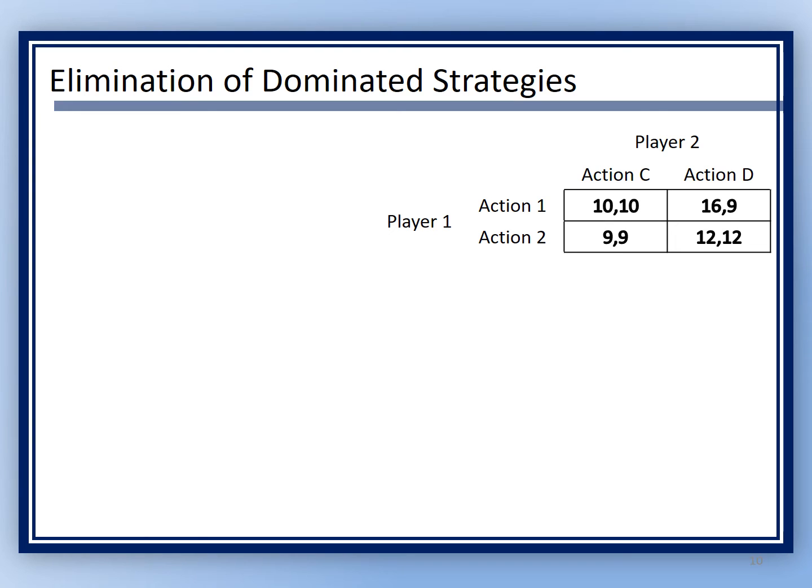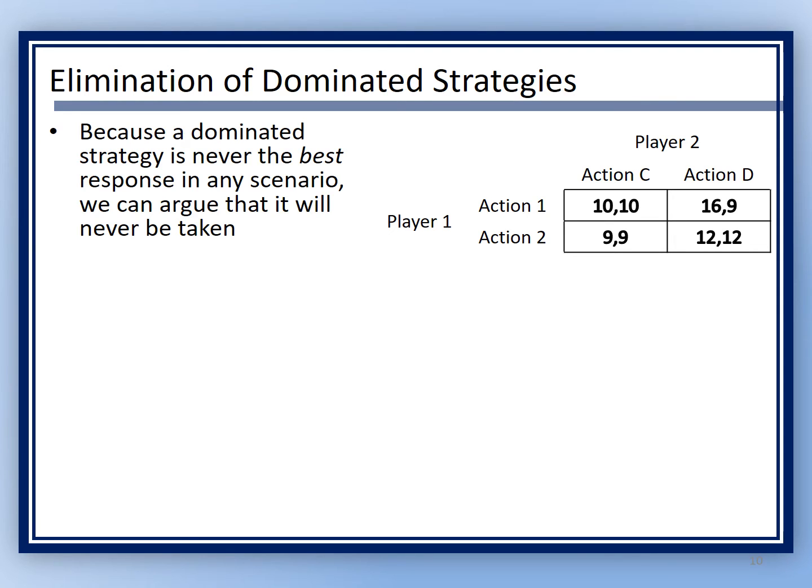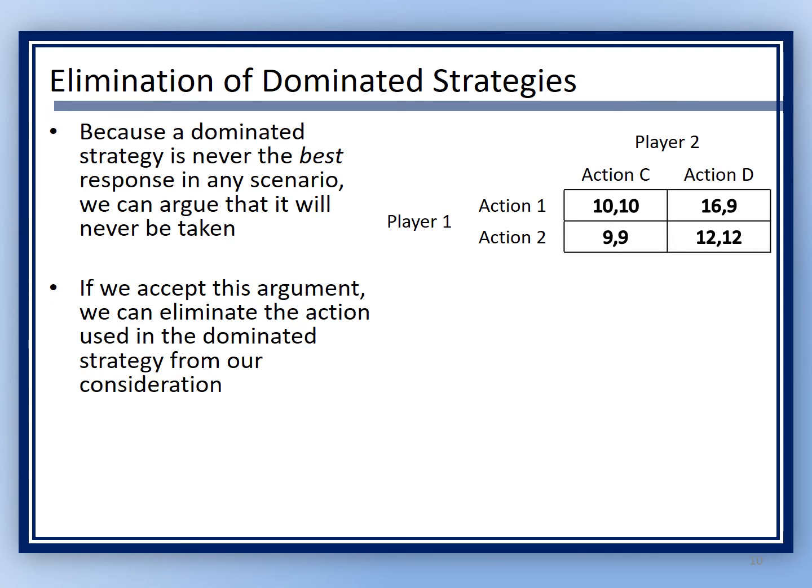So an action that is never taken in any scenario would not be contributing to the game. So we can eliminate them. In this case, we can eliminate action 2. It's never used anyway, so let's just remove it.